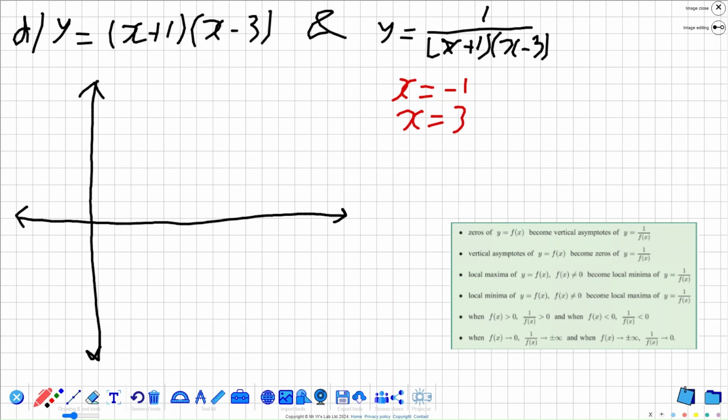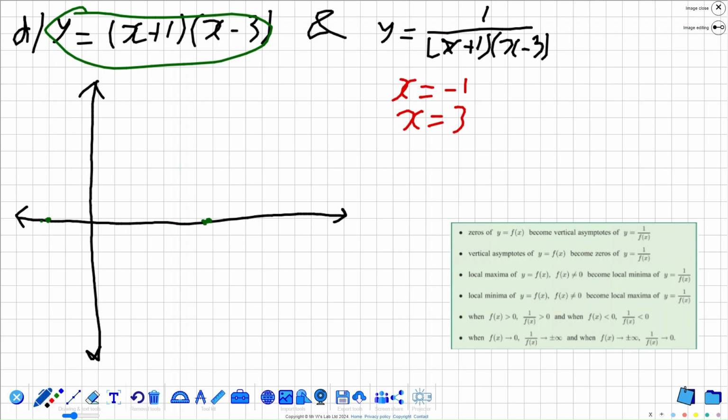So we can then label that using this colour here. This one might need a bit more room, about there, and then we've got 3, about there, so it's going to pass through those points.